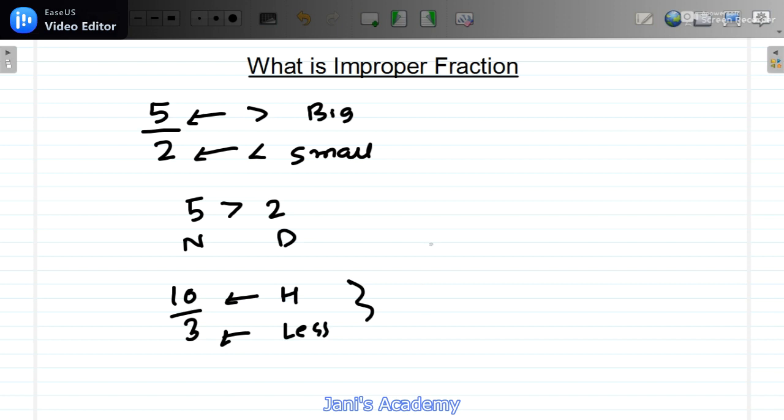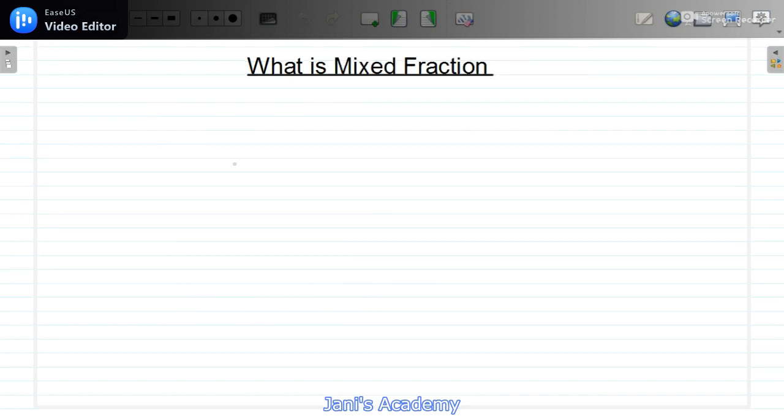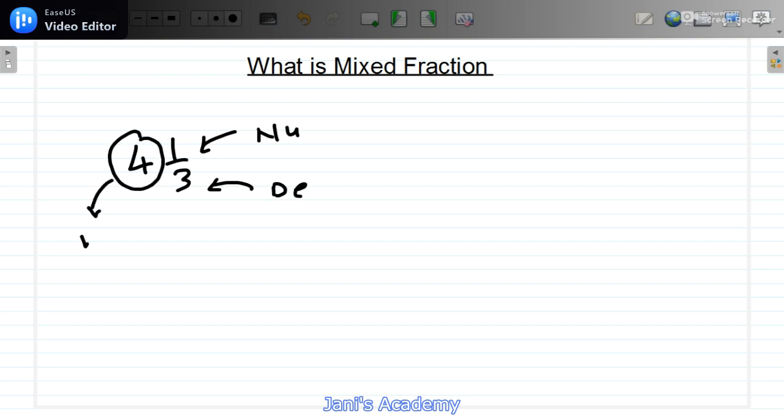Now let's learn about the mixed fraction. What is the meaning of mixed fraction? If you have a number, let's say 4 1 upon 3, here this is your numerator, this is your denominator, and this is called the whole number. This 1 upon 3 we have already learned earlier.